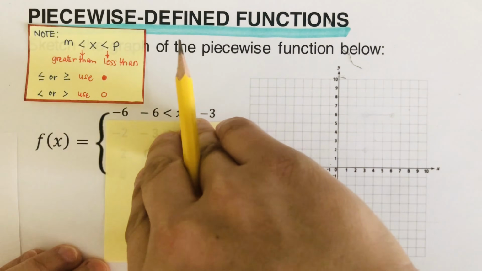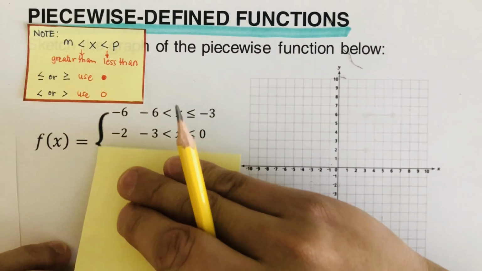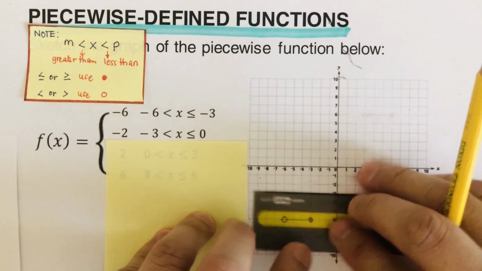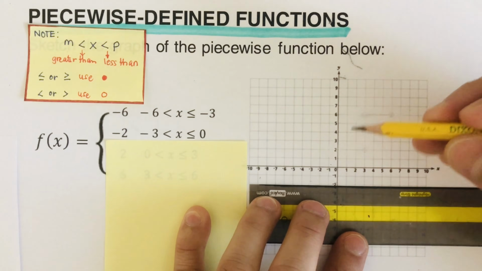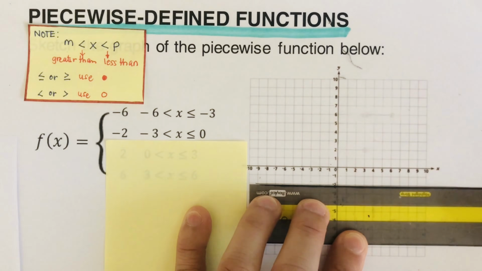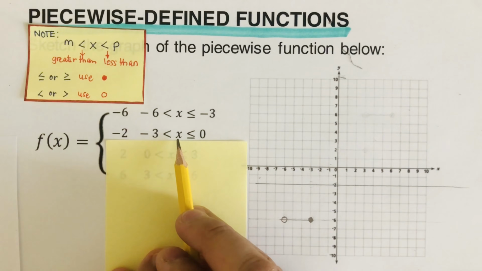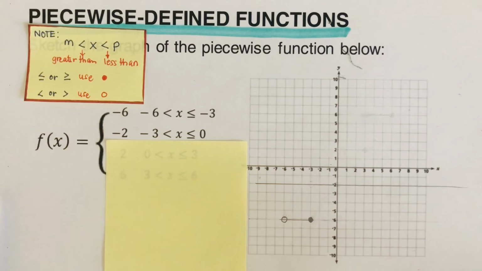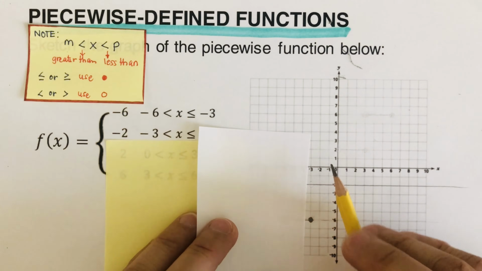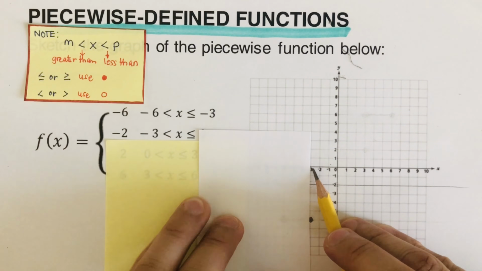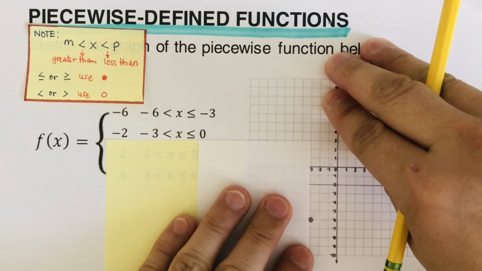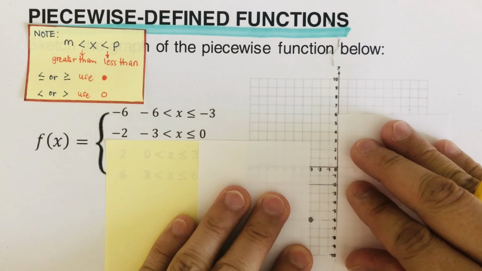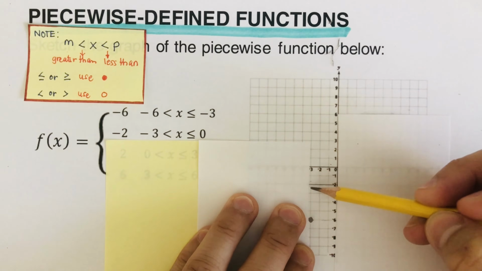Now let's move on to the second one. I'm sure you've already seen the pattern. That would be -2, so I will draw a horizontal line on -2. But the condition says I am only going to consider x greater than -3, so it's going to be here at x -3. The other condition is that it should be less than or equal to 0, so I cover this part between x is -3 and x is 0.